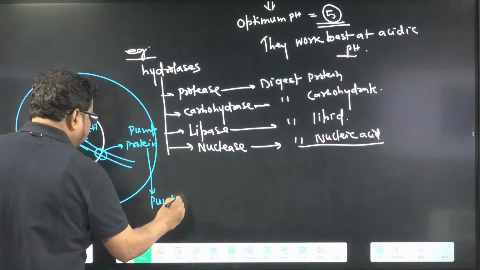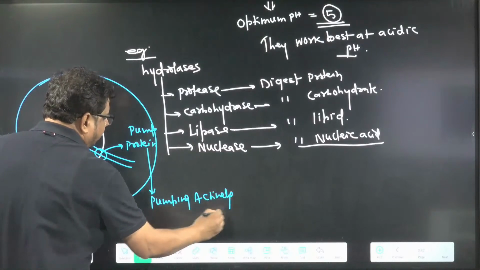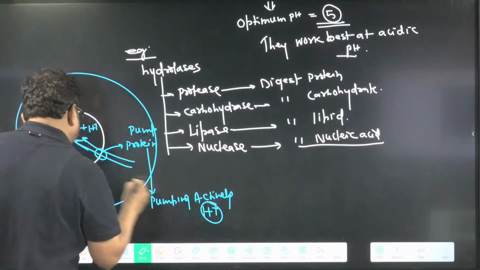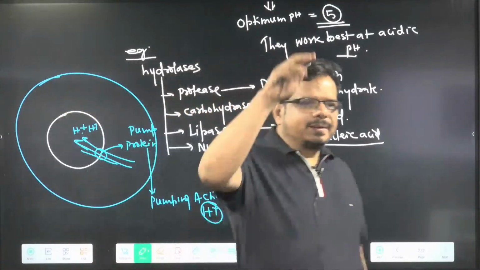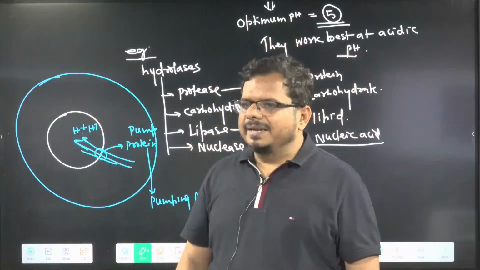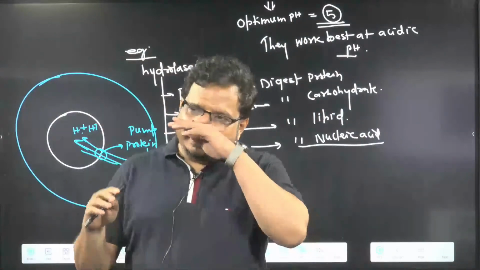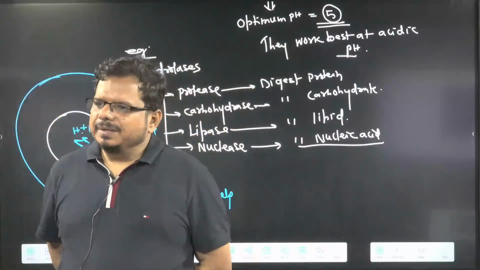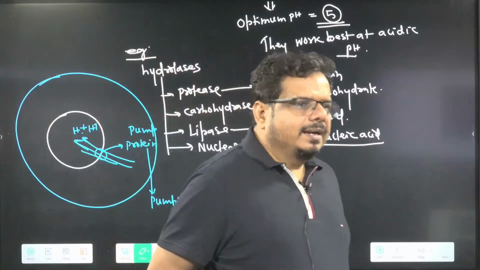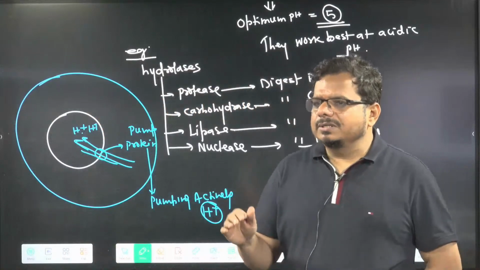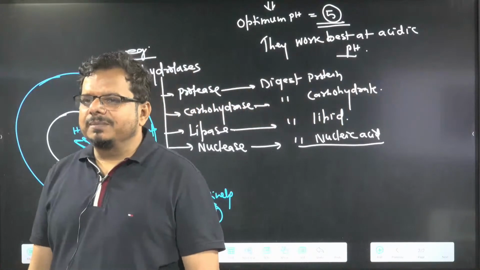Actively means expenditure of ATP. And when H plus ion goes inside the lysosome, pH will decrease, it remains acidic. Whenever they find pH is increasing, they pump proton. Proton ion concentration if more, pH will basically decrease.